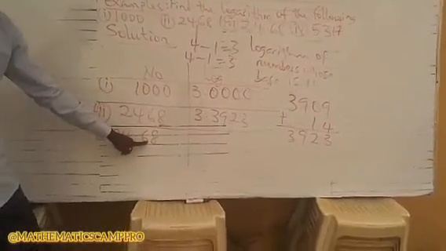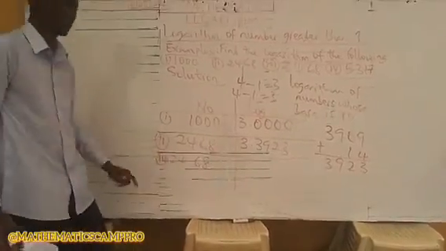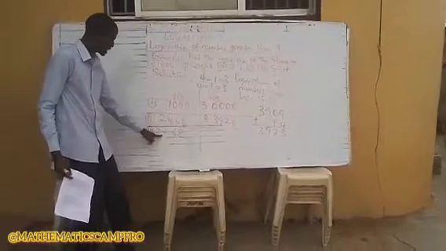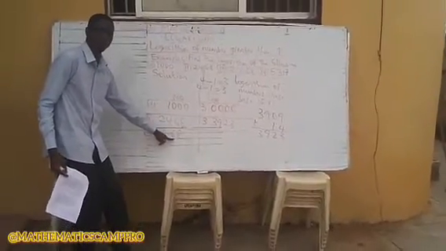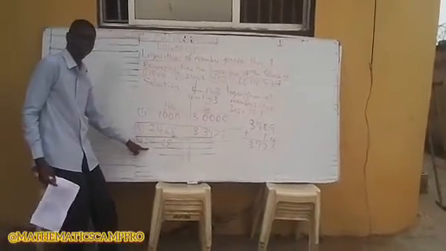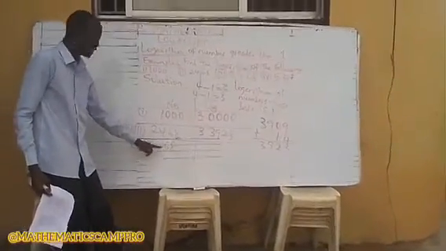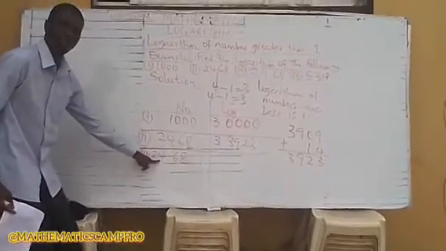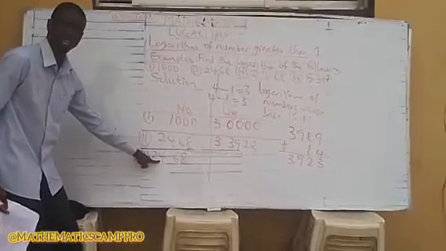But looking at this example 3 very well, viewers at home, now we have 24.68. Now, what is the characteristic? Looking at this 24, this is not a 4-digit number. You are only concerned about the integral number before the decimal. How many digits is this? 1, 2. It is 2 digits. What did I say, viewers at home?